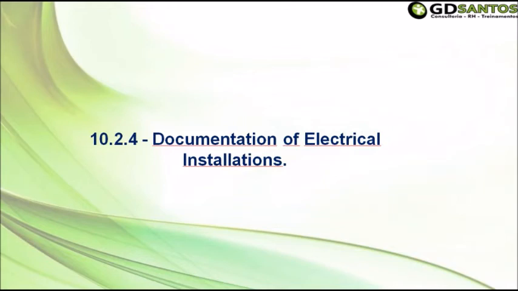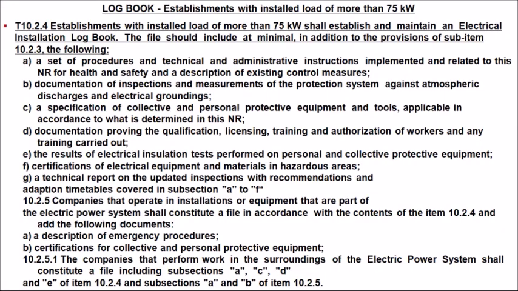As part of the control measures, the documentation of electrical installations in NR10 is a mandatory item. The item 10.2.4 states that all establishments with installed load of more than 75 kilowatts shall establish and maintain an electrical installation logbook.